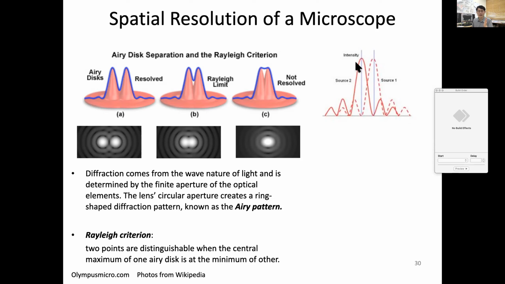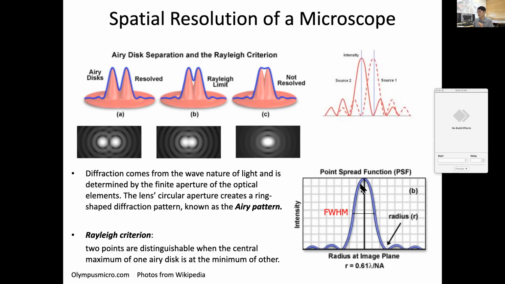Let's define our resolution from the center line to the first zero point of this point spread function. That's what Rayleigh said, from the center to the first zero, and this is the Rayleigh criterion of resolution, and you can analytically calculate and formulate this.